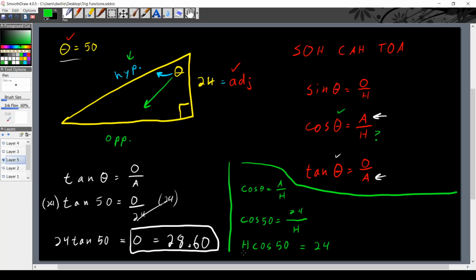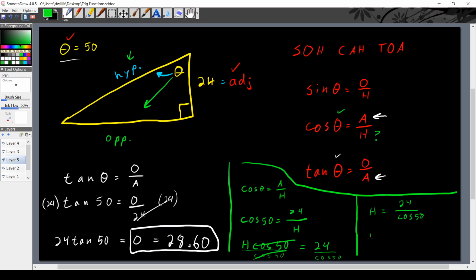Well, that's lovely, but I didn't want h cosine 50. I wanted just h. So the way to get h by itself is to divide both sides by cosine 50. So at that point, I will have h equals 24 divided by cosine 50.